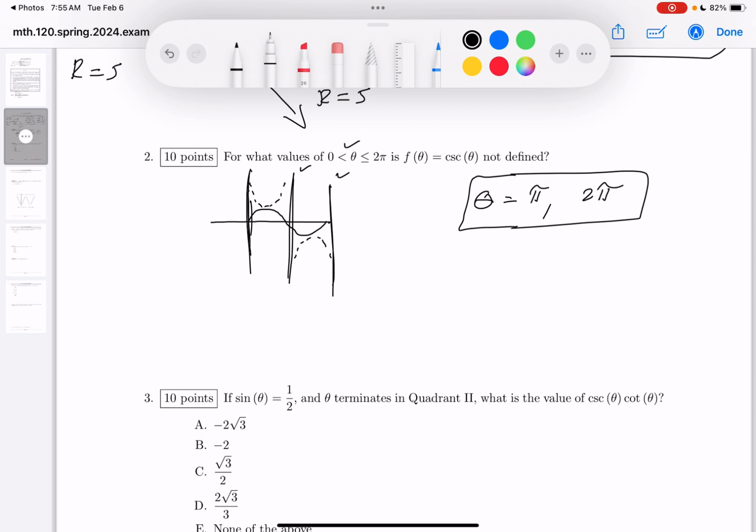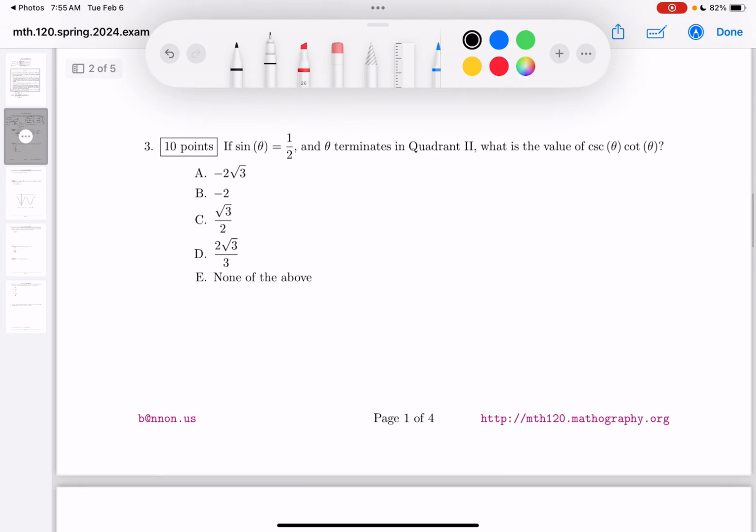Let's keep moving. This one's a multiple choice question, and looking at it, I want to try to visualize what they're saying over here. And they say the sine of theta is 1/2, but it terminates in the second quadrant. So I'm going to say something like this over here. This is where theta is. And I'm going to say there's a point over here.